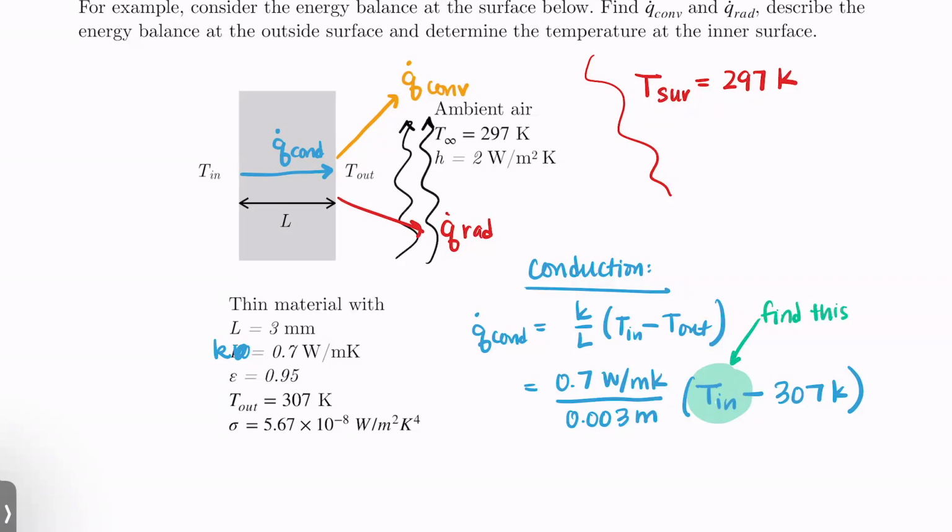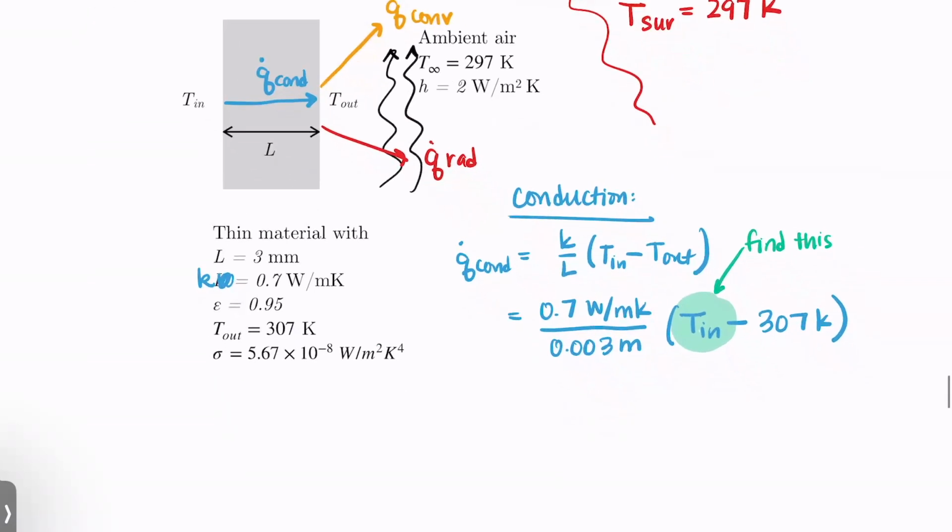Next, we want to have a look at convection. We know that Q dot convection is h times T out minus T infinity. I'm using T out here instead of T s because our surface is T out.